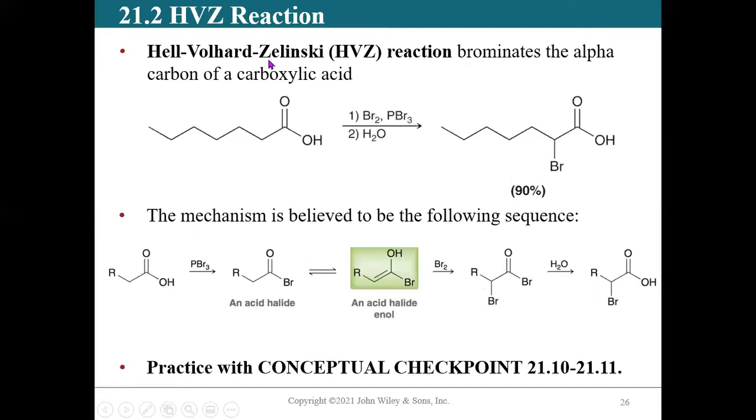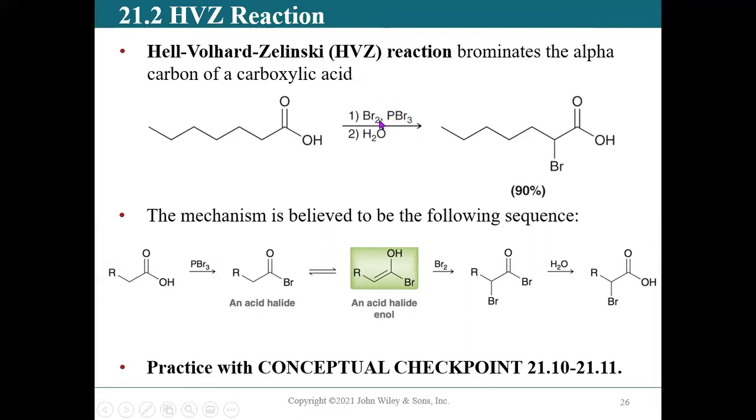The Hell-Volhard-Zelinsky reaction brominates the alpha carbon of a carboxylic acid. So a carboxylic acid has the OH group, and is a special kind of carbonyl. If you want to halogenate or brominate this alpha carbon, you have to use this special process called the Hell-Volhard-Zelinsky reaction.